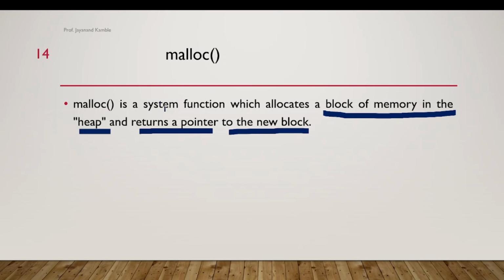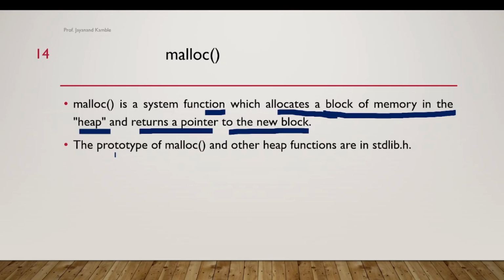So basically malloc is a system function which allocates a block of memory in heap memory. The prototype of malloc and other heap functions are in stdlib.h. So when we are going to use the malloc function, we have to include the stdlib.h header file.